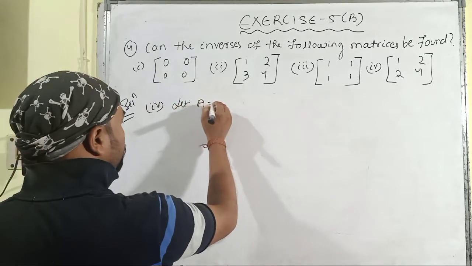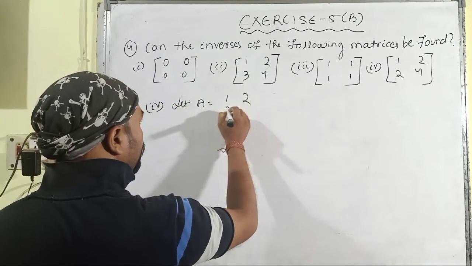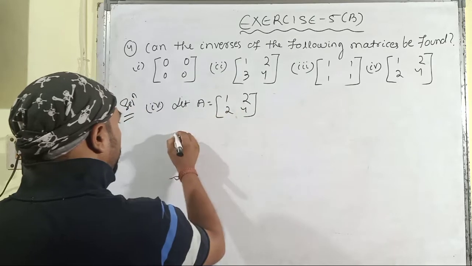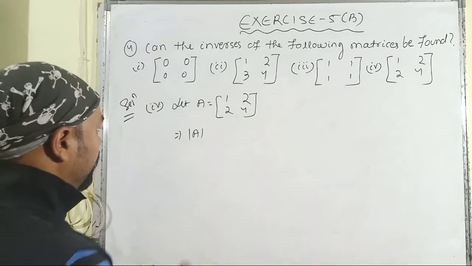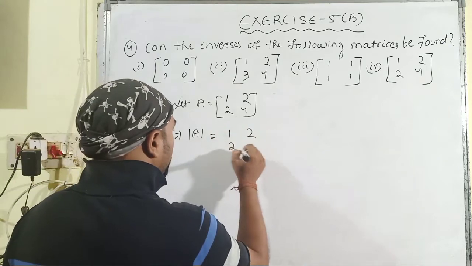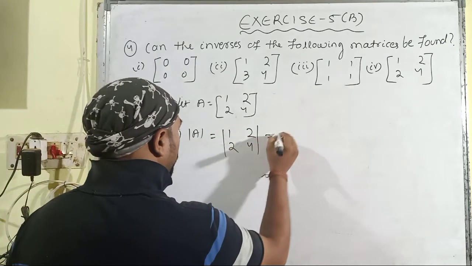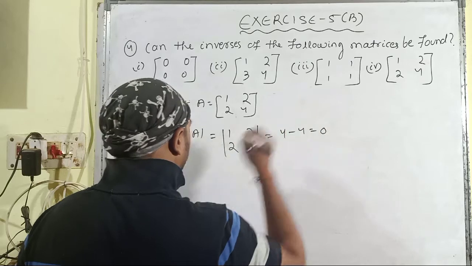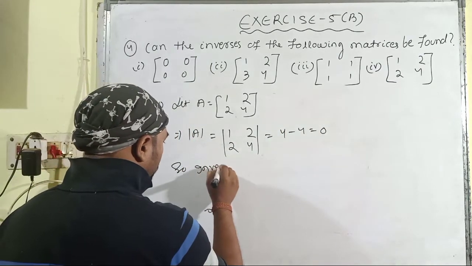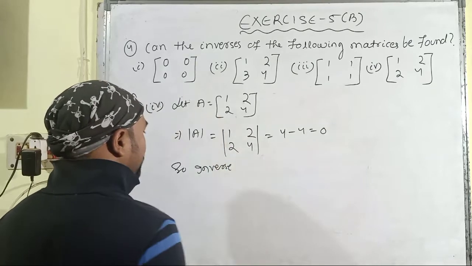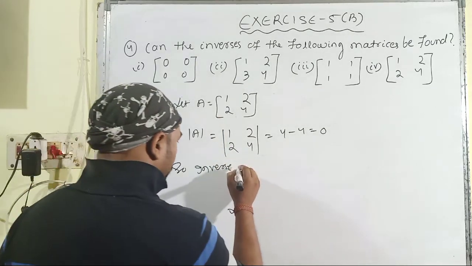Let us consider this matrix as A, 1, 2, 2, 4. First of all we have to determine the determinant of the given matrix. So it will be the determinant of these elements, which is equal to 4 minus 4, which is equal to 0. So the inverse of the given matrix A cannot be found.